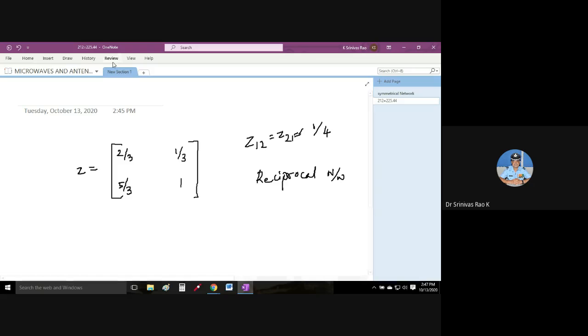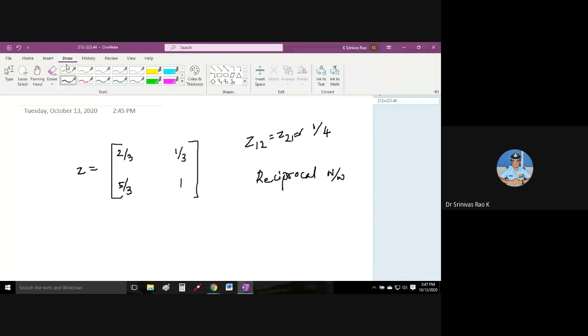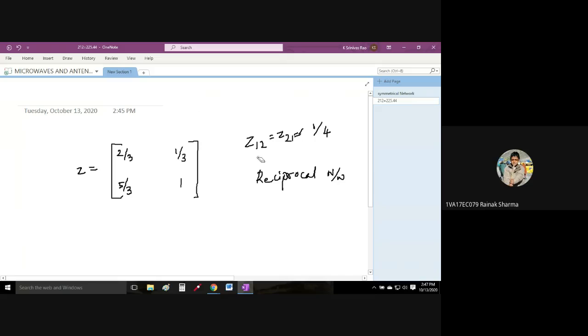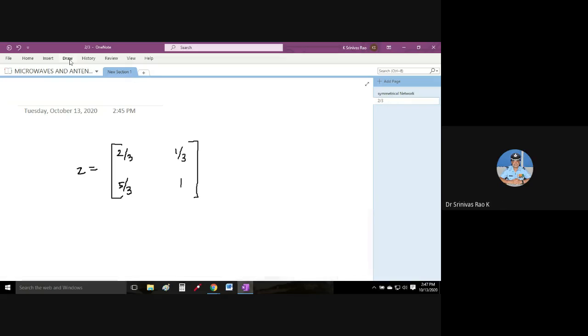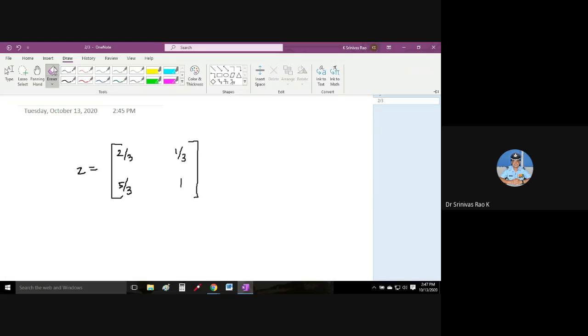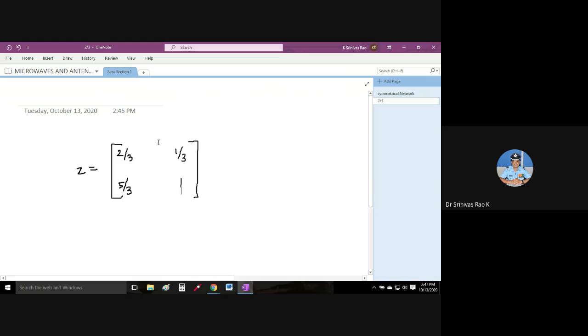Whether it is reciprocal or what? Mahima? Sir, it's neither reciprocal nor symmetrical. Very good. It's neither reciprocal nor a symmetrical network.